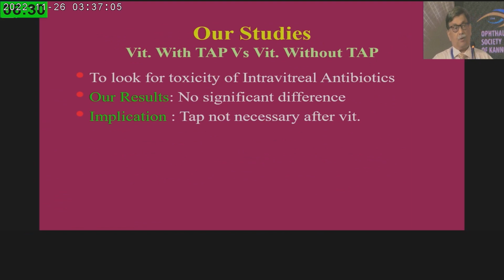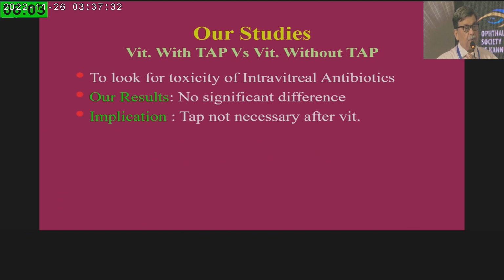So we did a number of studies after the EVS, from 1996 onwards. We first wanted to see whether there's a toxicity of intravitreal antibiotics. So we did vitrectomy with TAP, and then vitrectomy without TAP, and we found there wasn't any significance. But then an alternative view comes in: okay, it's not toxic, but is it needed?